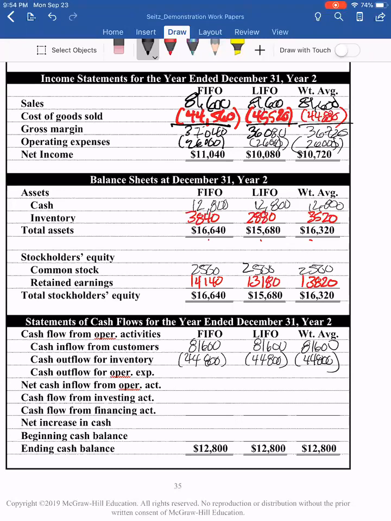Okay. Cash outflow for operating expenses, none of that changed. Doesn't matter which method you use. 26,000. Okay. Net cash inflow from operating activities, that's still 10,800 no matter which method you choose.